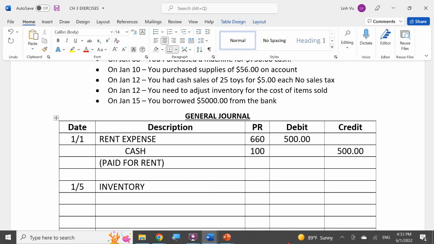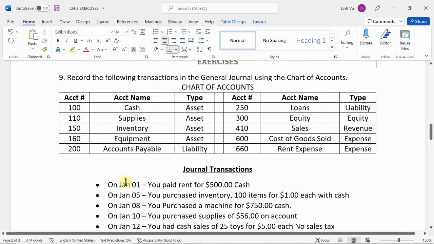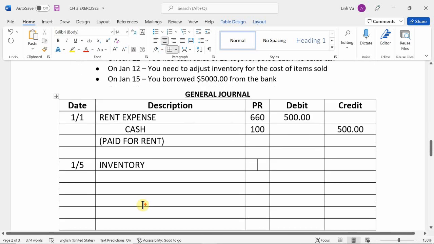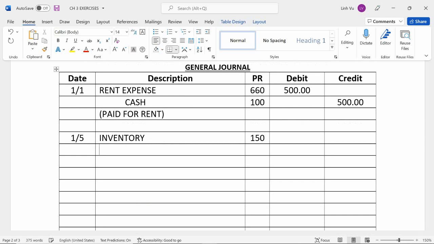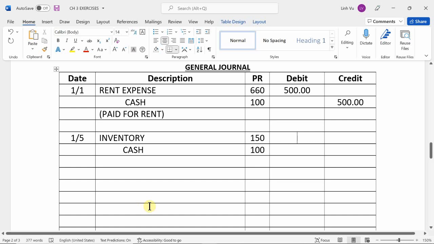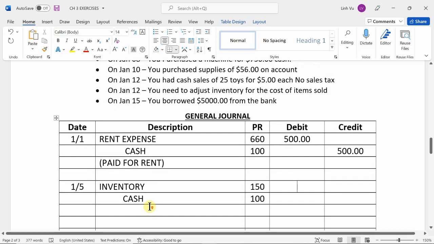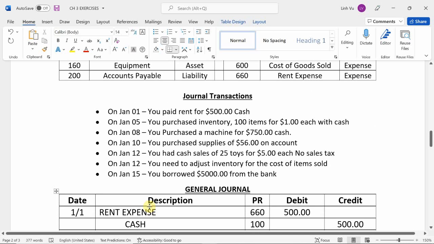Account number, what was it? Account number 150. We spent cash to purchase the inventory. Now, how much money did I spend to buy inventory?